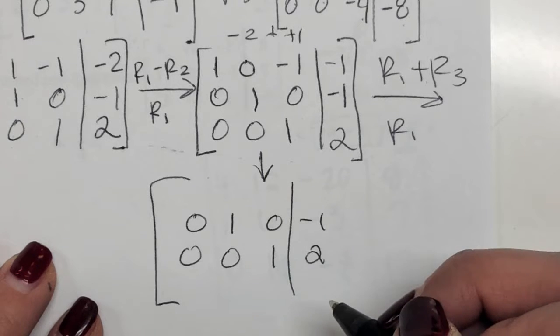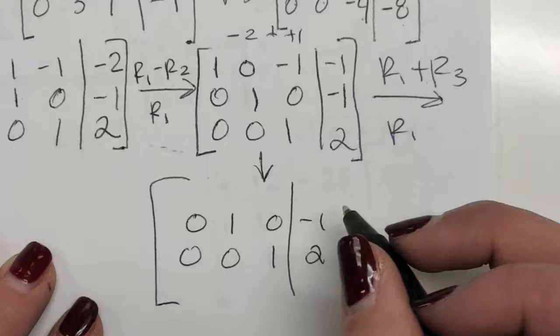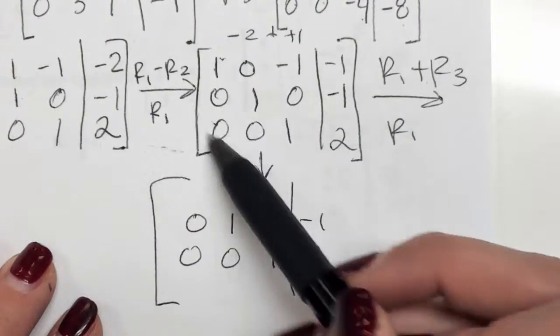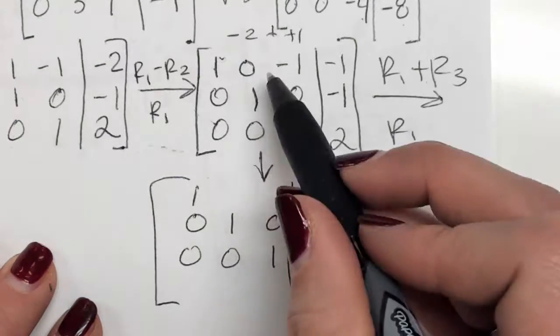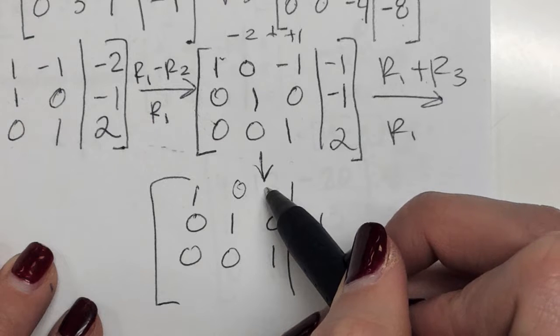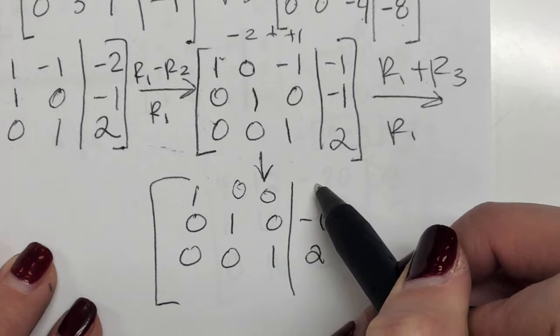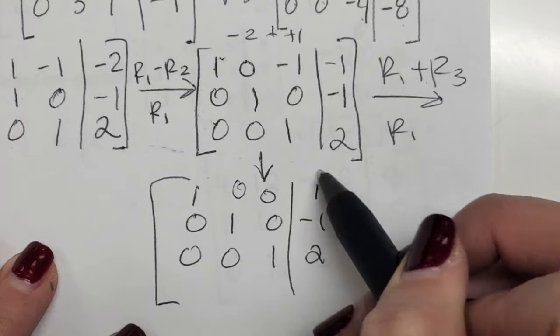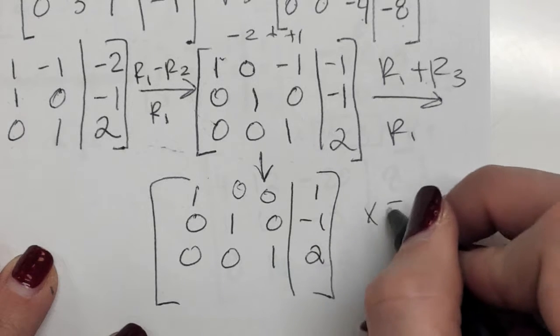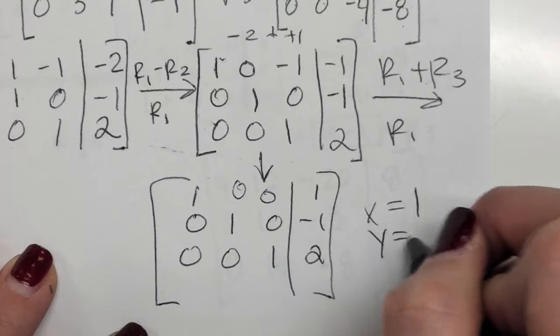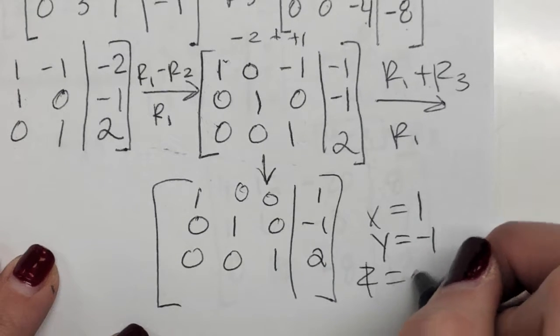We're done with those. Now let's add row 1 and 3. First number is going to be what? Next. Next. Next. Last one. Good. So X is, Y is, Z is. Good.